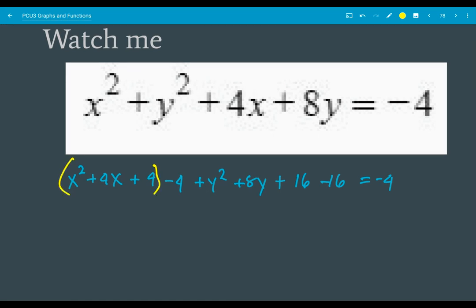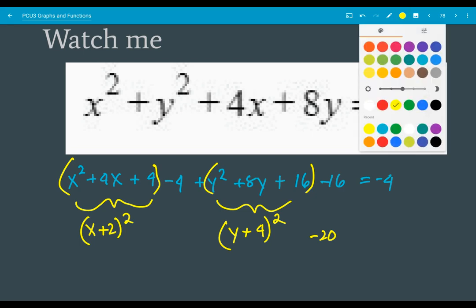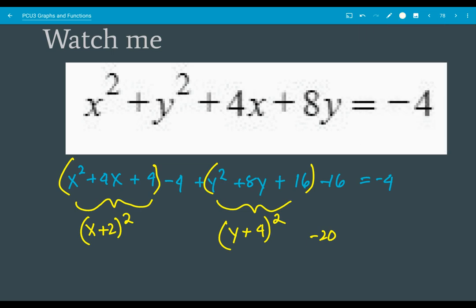This is a perfect square, and this is a perfect square. This factors into x plus 2 squared. This factors into y plus 4 squared. And then you've got negative 20 left over. So we're going to simplify this now.